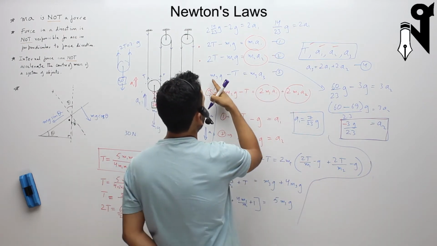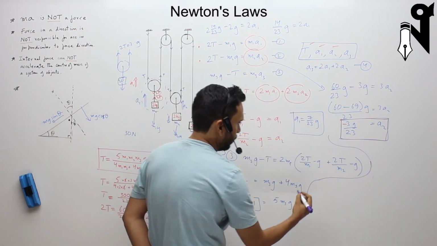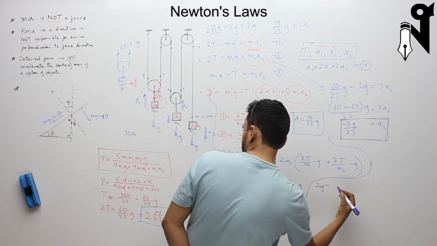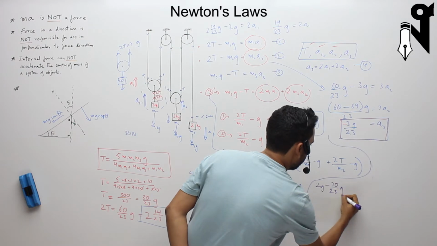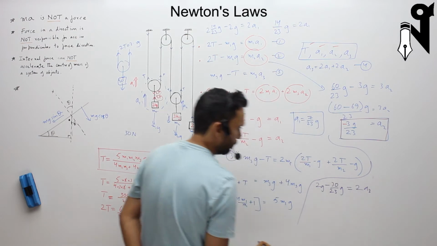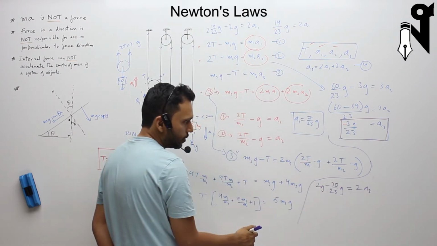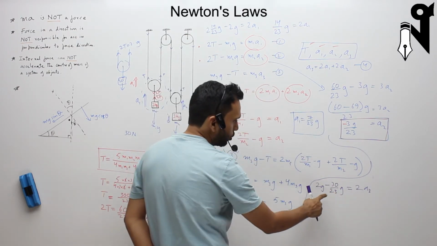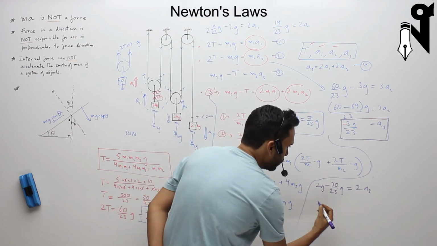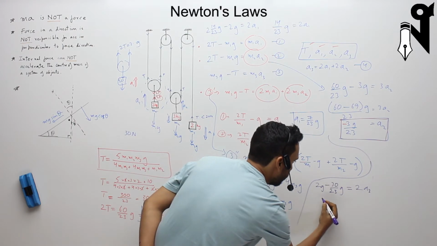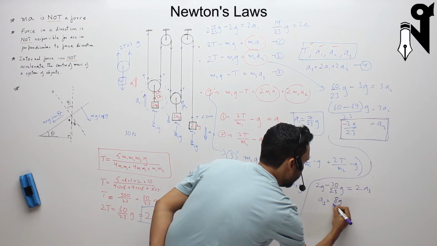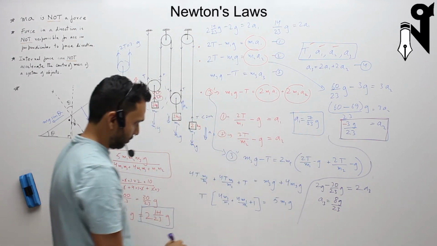What we have is m3g minus T, that is 2G minus T, and T was equal to 30 by 23G, gives you twice of A3. So what we have is 2 minus 30 by 23, which gives you 46 minus 30, which is 16, divided by 2, which will be 8. So A3 will come as 8G by 23.